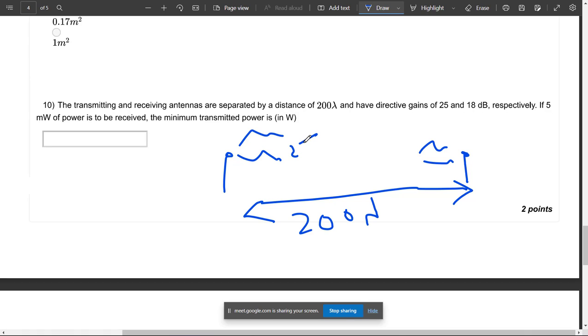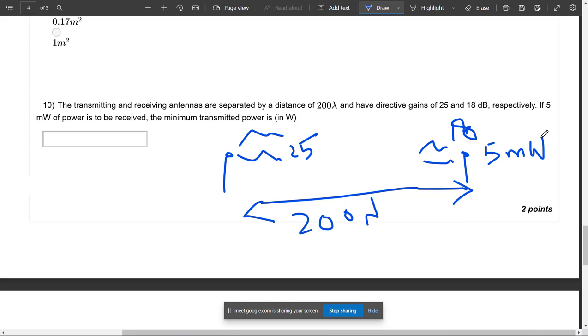This one has a gain of 25 dB, this one has a gain of 18 dB. If 5 milliwatts of power is to be received, the minimum transmitted power in watts is? So what will be the minimum power transmitted by this antenna so that this antenna receives at least 5 milliwatts? Now how do we solve this question?